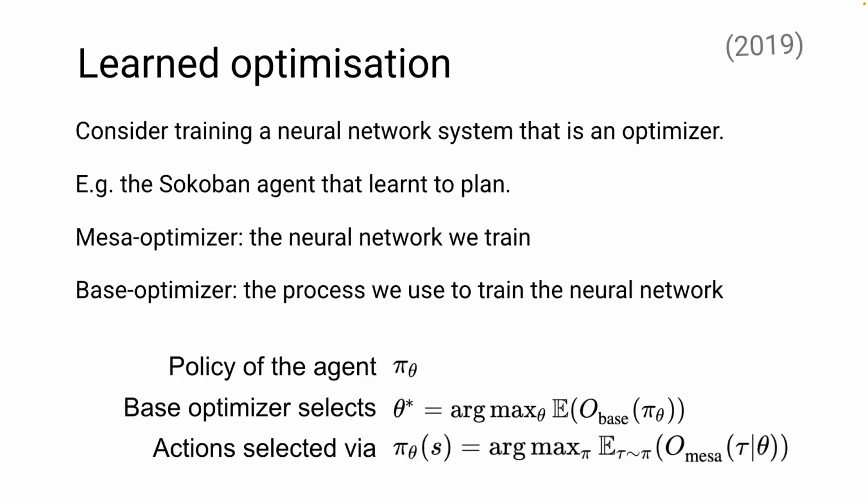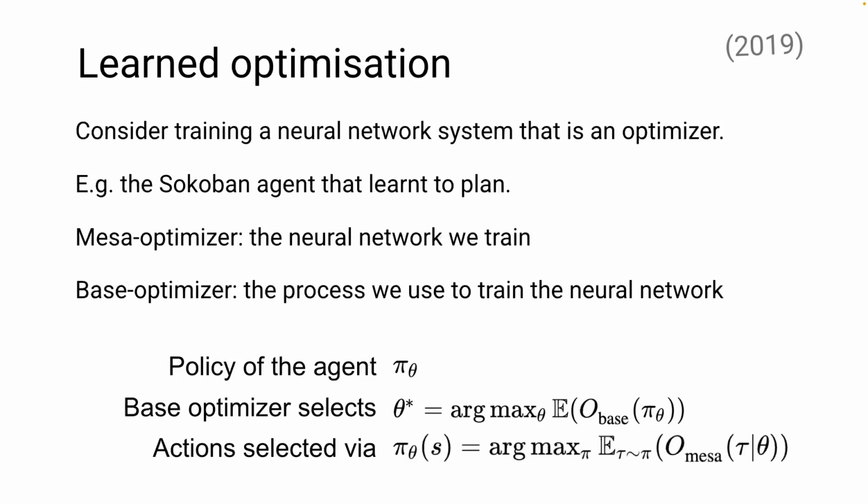Now the base optimizer, that's the gradient descent algorithm, is selecting a set of parameters such that the policy maximizes some function of the policy. I'm thinking of this base optimizer as a slightly broader process, and maybe I should have put approximately equals rather than equals, but the base optimizer is selecting parameters such that you're maximizing some evaluation of behavior or some training performance with respect to some base objective.